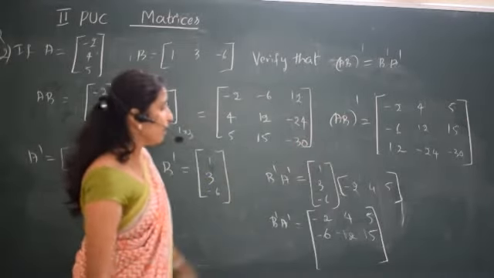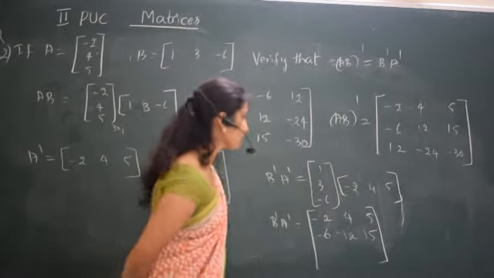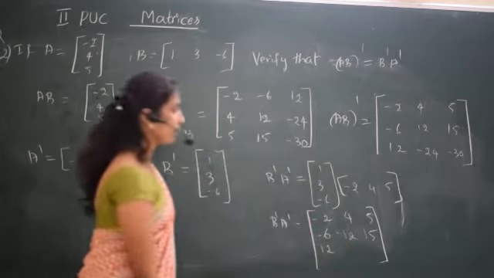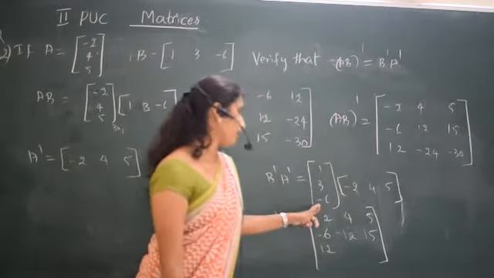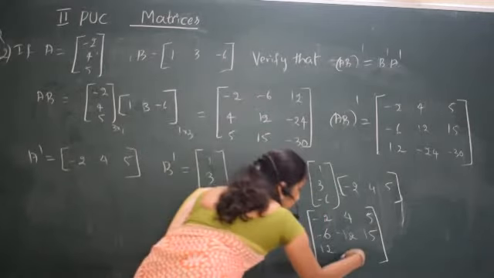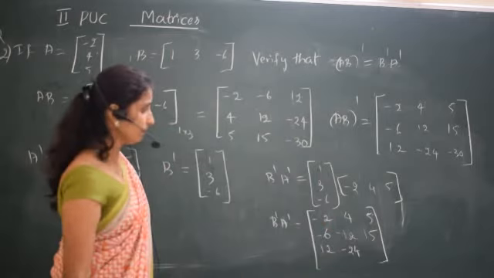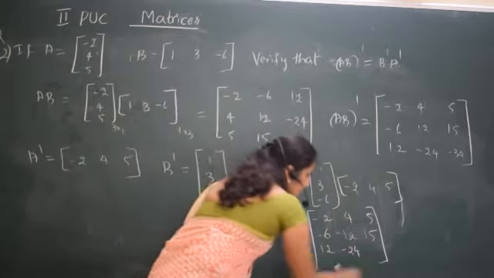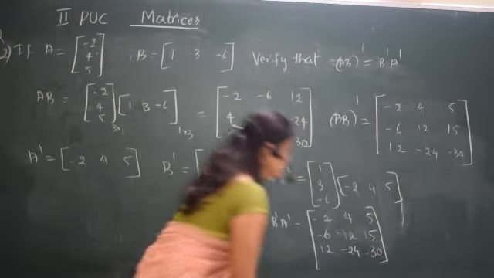Then the third row: -6 into -2 is 12, then -6 into 4, third row and second column, is -24, then third row and third column, -6 into 5 is -30.